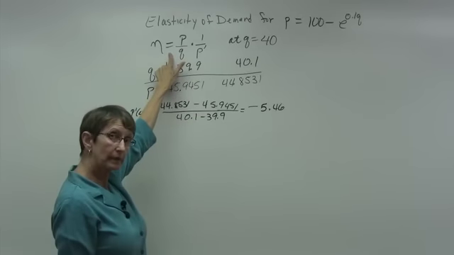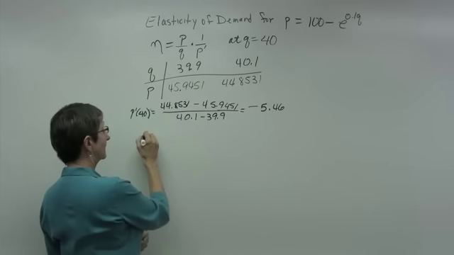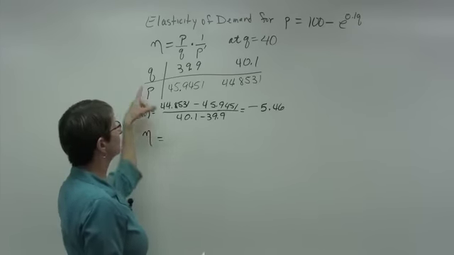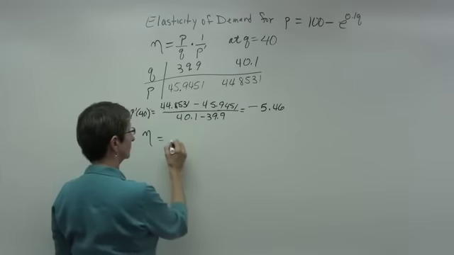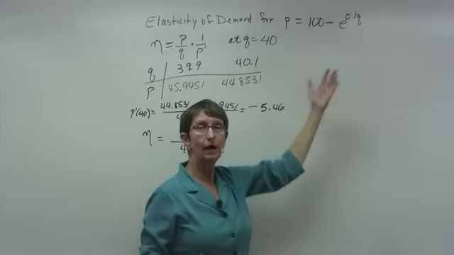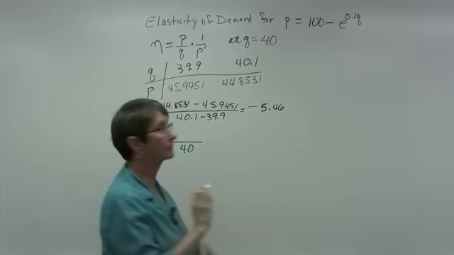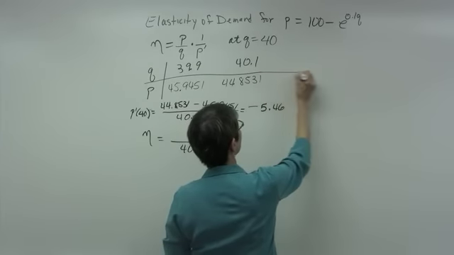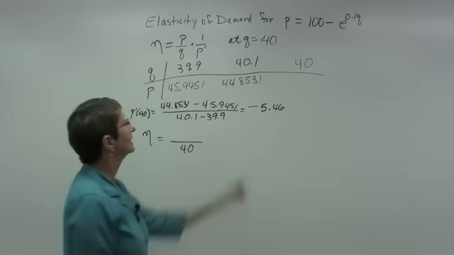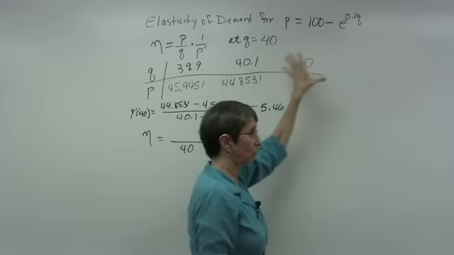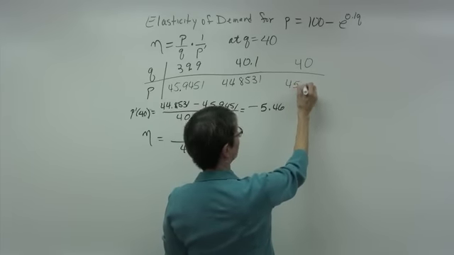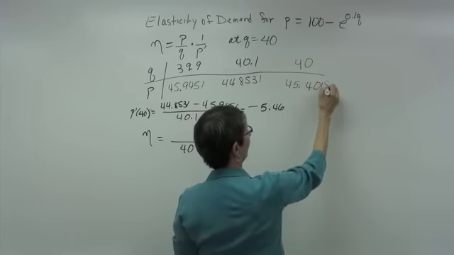Now I have to go back to the formula. So eta is equal to P over Q. Well, my Q value is 40. Now I could put in the whole formula for P, or I could come back up, especially if I used Excel, and say, okay, so really what was that value for P when I plugged in Q equal to 40? So if you plug 40 in for Q, you end up with 45.4018.